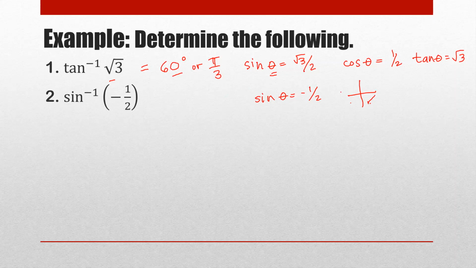So negative 1/2. So kung positive 1/2 to, it should have been 30 degrees. Pero dahil negative, kung positive 30 degrees, pero kung nasa negative ka, negative 30 degrees. Nasa fourth quadrant. Okay, negative 30 degrees or negative pi over 6.